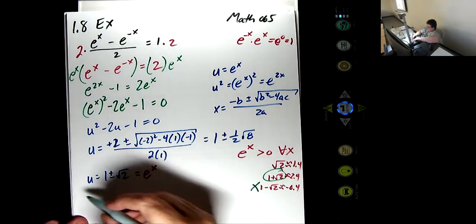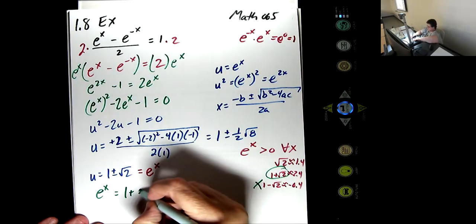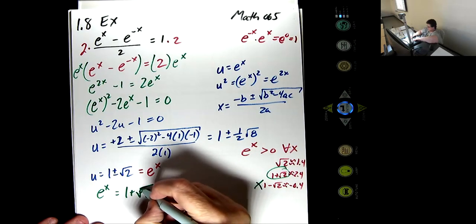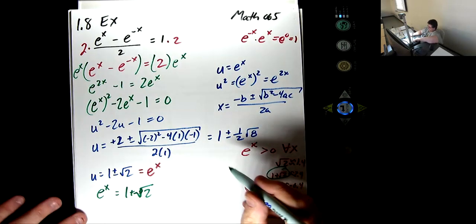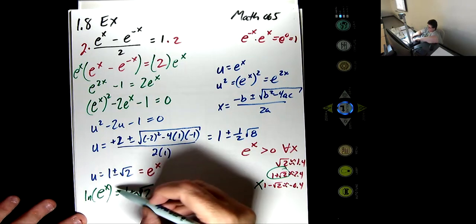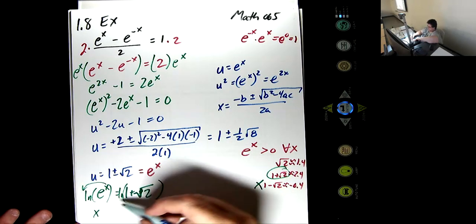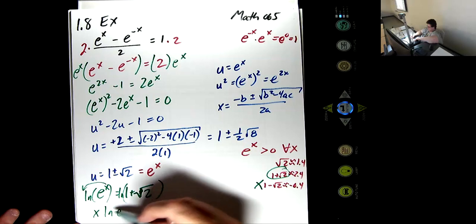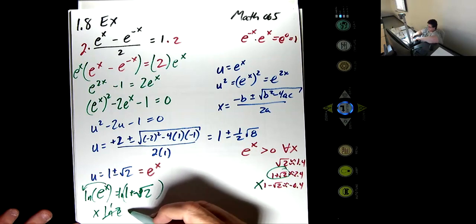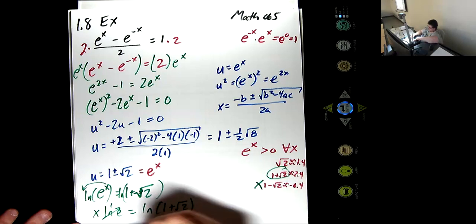So we'll say e to the x equals 1 plus the square root of 2. And the way we deal with this is we can take the natural log of both sides. And x comes down as an exponent: x ln of e, which equals 1, equals natural log of 1 plus square root of 2.